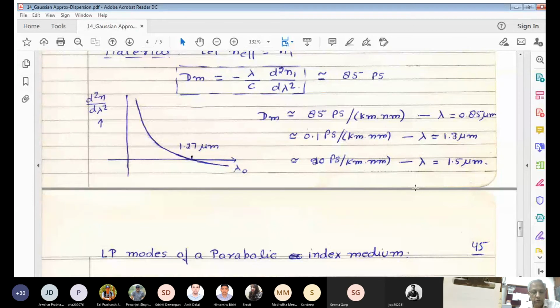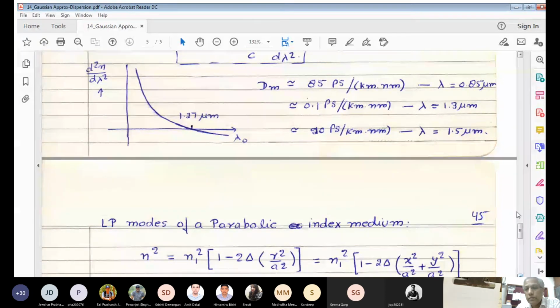So the conventional single mode fibers which are laid down right now, most of the fibers, are optimized at 1.3 micron, and they have a very small zero dispersion wavelength at lambda equal to 1.3 micron. So we will come to this point, zero dispersion wavelength.